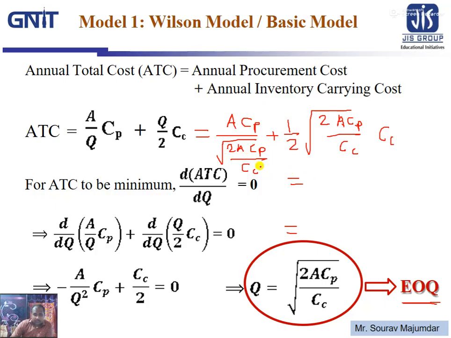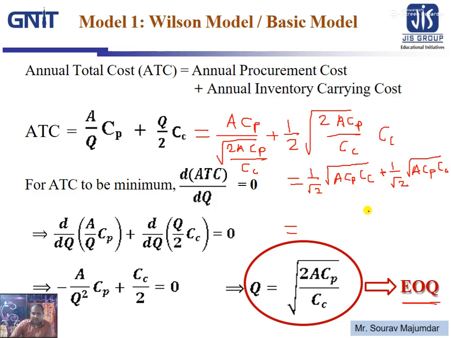Okay, and Cp, so 1 by root 2, and it will become root over of A Cp Cc plus 1 by root 2 root over of A Cp Cc. Okay, now it is right.